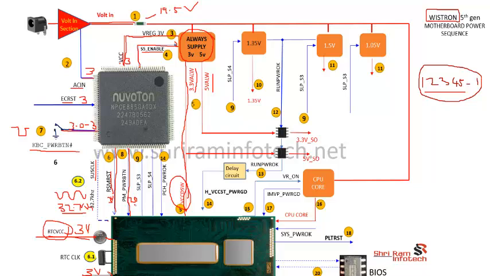How will the CPU respond? The CPU will send 2 confirmation signals to the SIO, saying to turn on all the buck converters one after another. Basically, what is a power sequence? A power sequence is nothing but a sequence of voltages that turn on one after another, and finally the CPU core voltage will turn on. So this is called the power sequence, and all power sequences are a little different, and here we are talking about the Wistron power sequence.